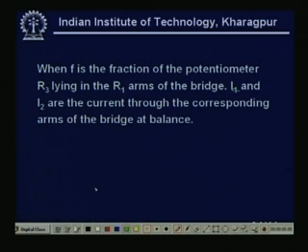That means the current flowing through R4 is I4, and the current flowing through R2 is I2. Please note that I4 is also flowing through the resistance RT, that is the bulb resistance of the thermometer, and I2 is also flowing through R3 and then R1, because at balance the detector is not drawing any current.